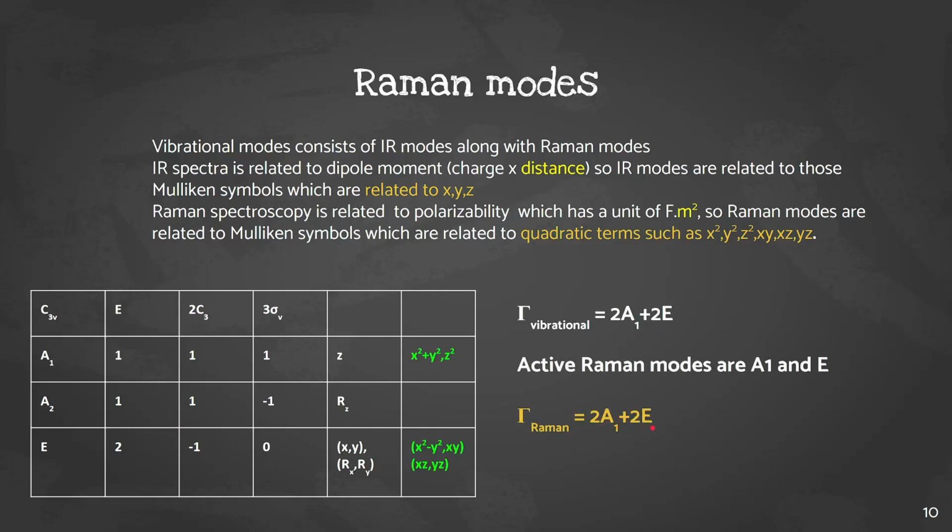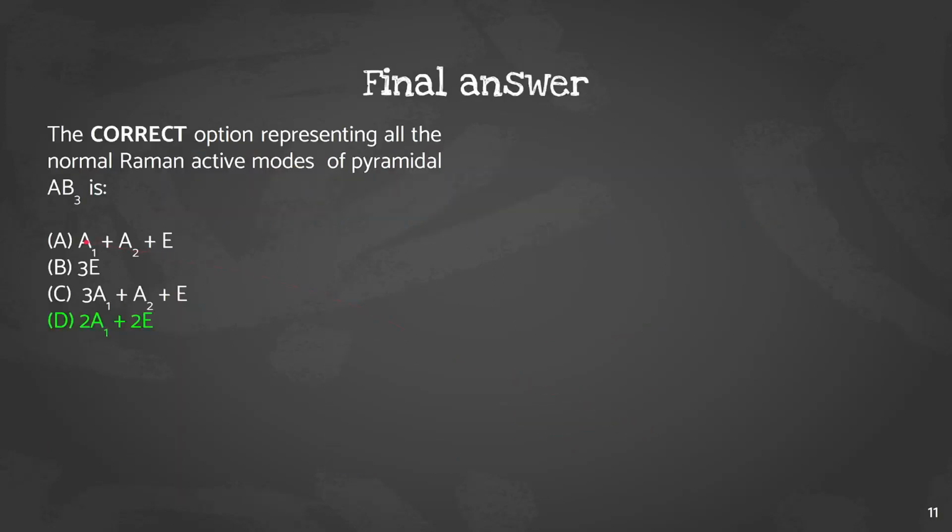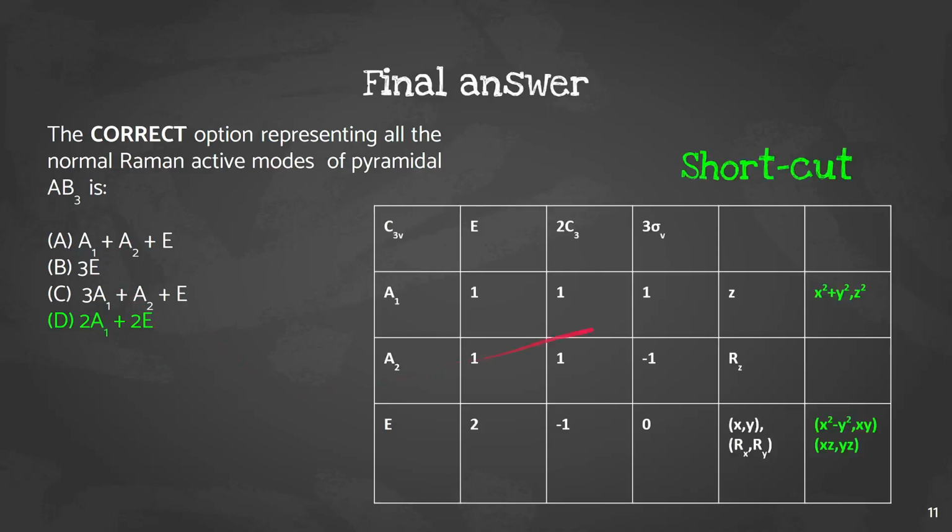From the options given, the only suitable answer is option D, and that will be our answer for this question. For this specific question, we can also look at the other options and, without any calculation of the vibrational modes, say what the active Raman modes will be.